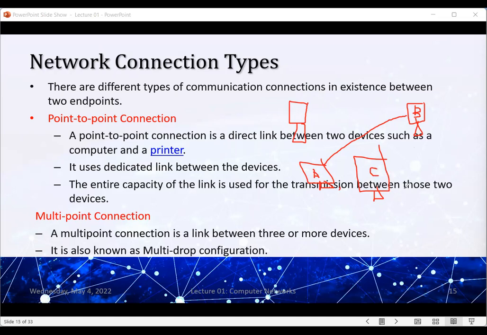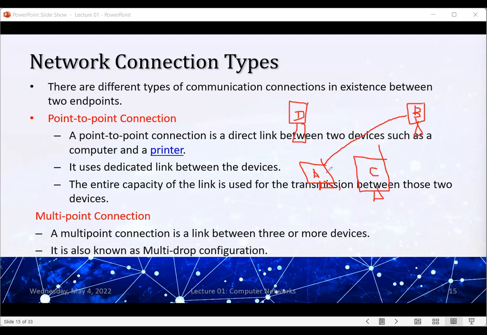Students, what do you think? Can we connect B and C together? Can't, because A and B are linked together using a dedicated link. We cannot change a dedicated link. Right?